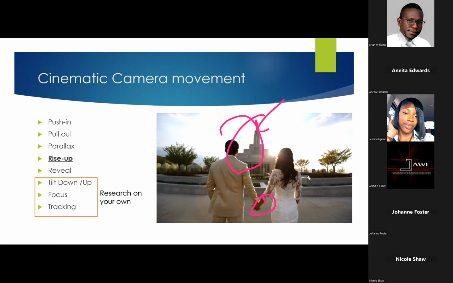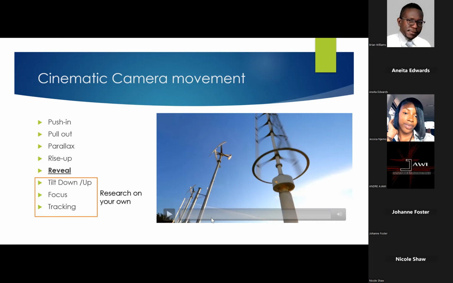But the idea is that your shot needs to tell a story. It can't just be a shot. You understand? That's going to be the storytelling part, which is coming up after this. But for now, we just want to learn about the cinematic camera movements, right? So this one is the rise up. And then now you have the reveal.